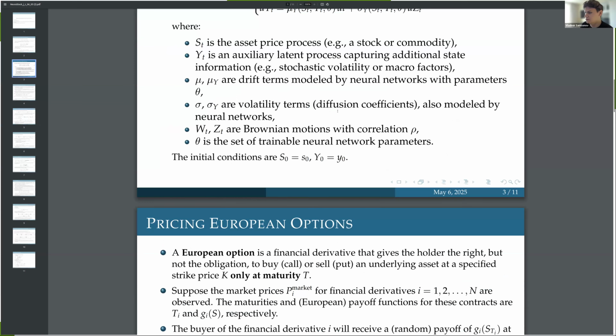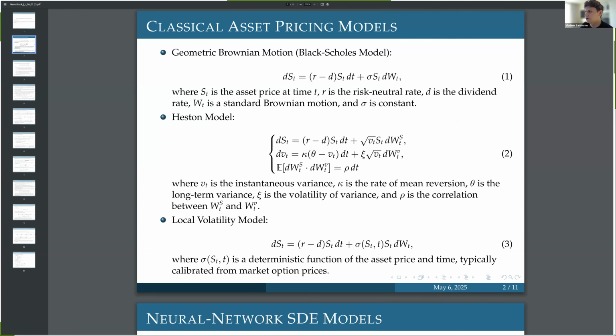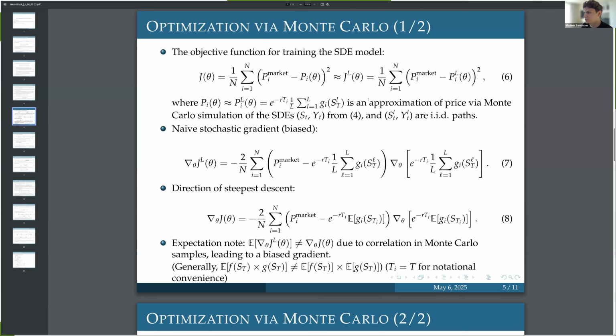You simulate prices, and then you evaluate the mean of the payoff function. So that's all. One can use the naive stochastic gradient, but it is biased, because you can see in formula number 7 and formula number 8 there's some problem.